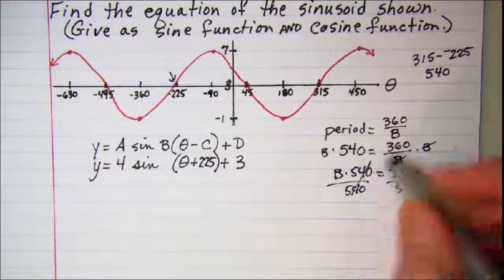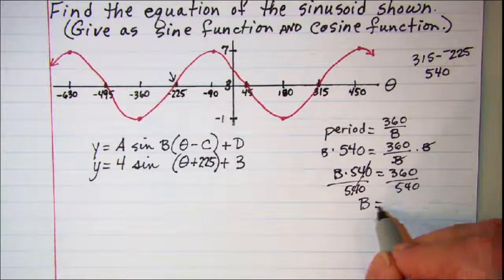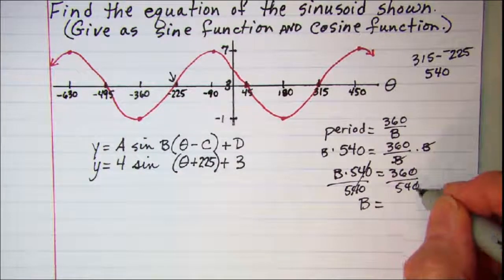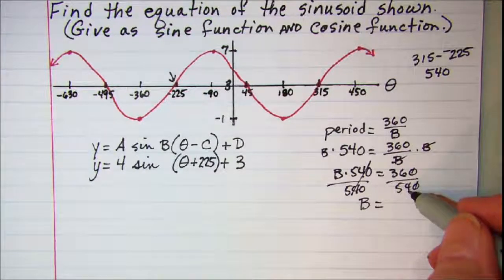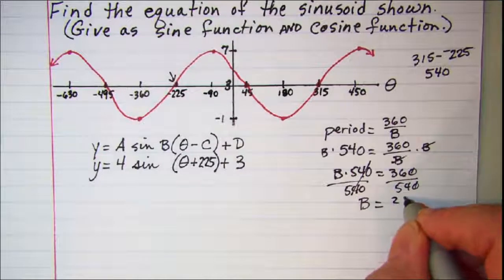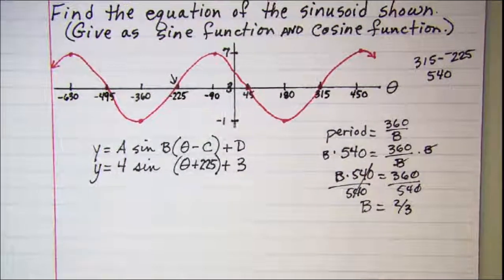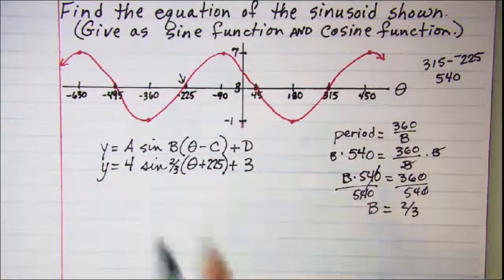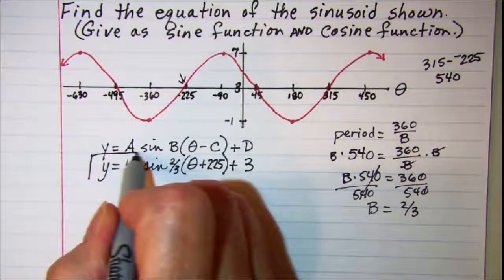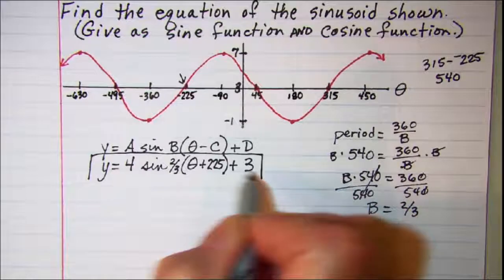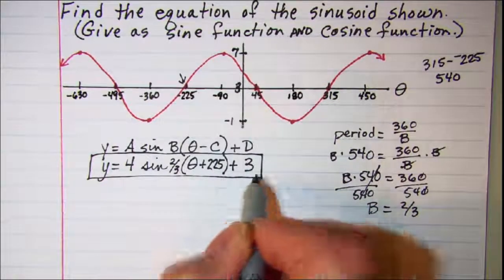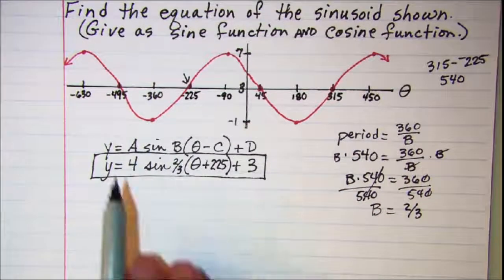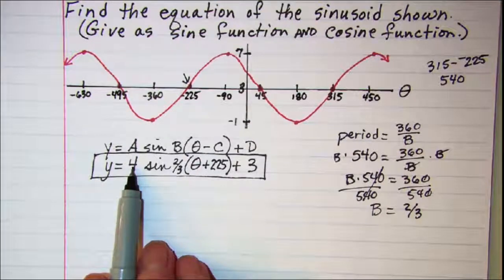So b is equal to 36 over 54, which reduces to 2/3. So my b value is 2/3. So this is my sine curve with a positive coefficient here for the a.